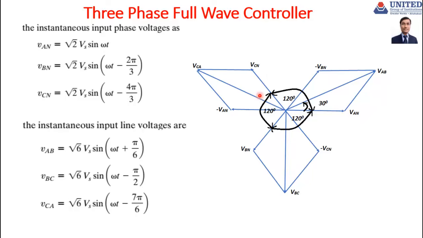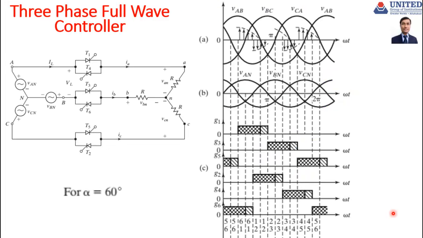So now we can draw the supply phase voltage and line voltage waveforms. Here we see the line voltage waveform and this one is the phase voltage waveform. This is the circuit, and this waveform shows the gate drive of SCRs T1, T2, T3, T4, T5 and T6.